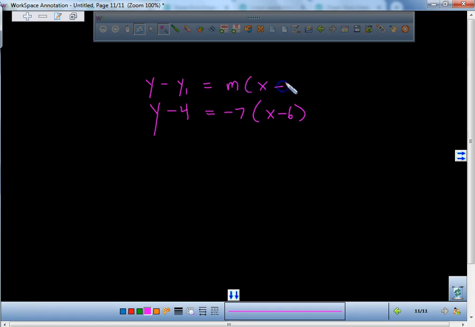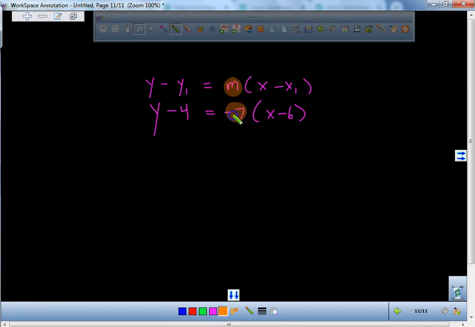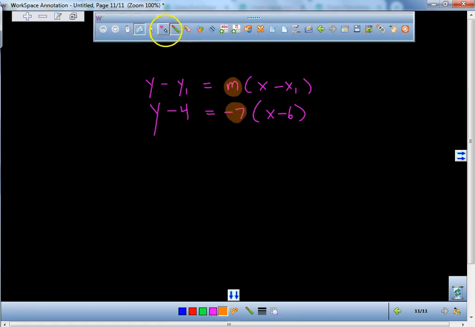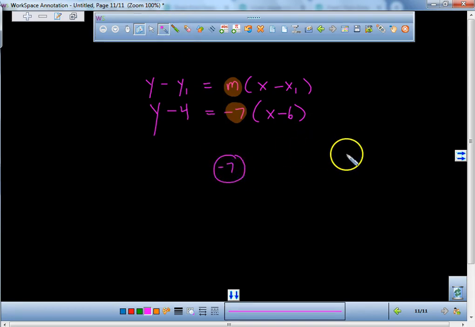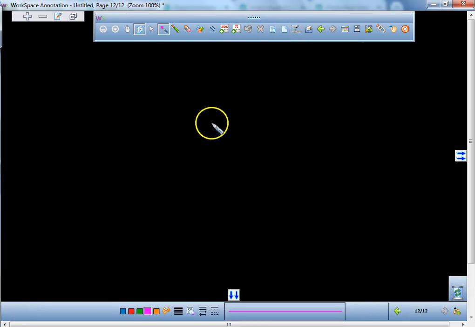And in point slope form, the slope is this number right there. It's not a very good highlighter. I'll change highlighters. Here, how about this one? So what's the slope equal to? That's it. That's your answer. Your slope is equal to negative 7. This. All right. Next problem. Go ahead.